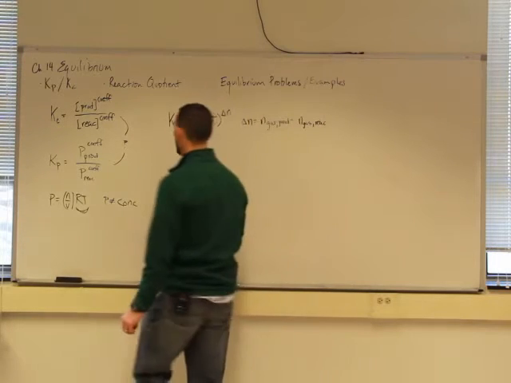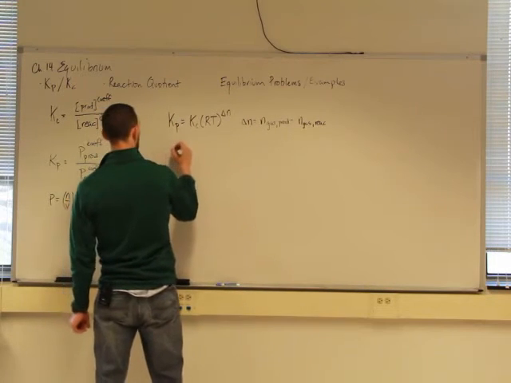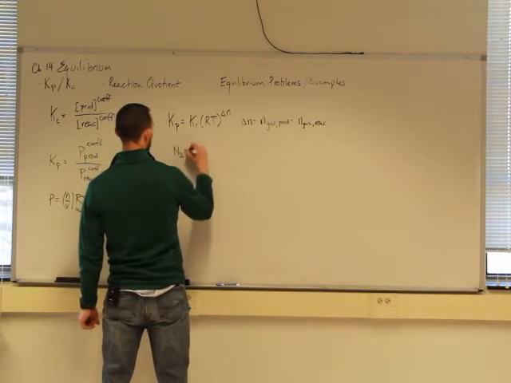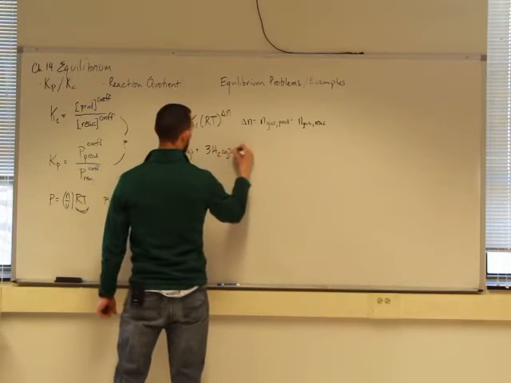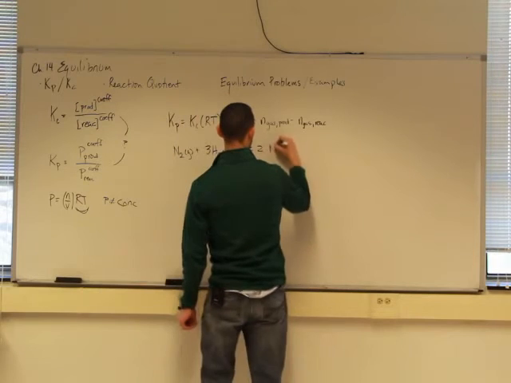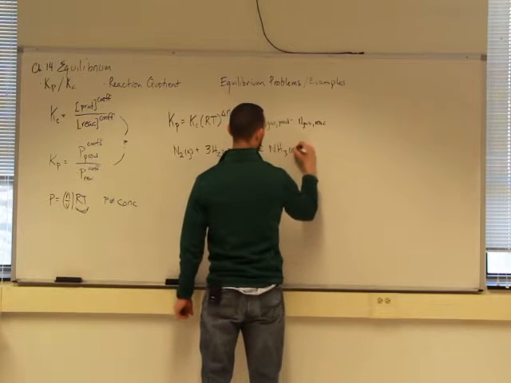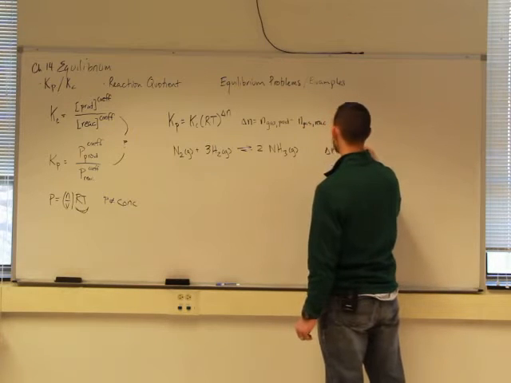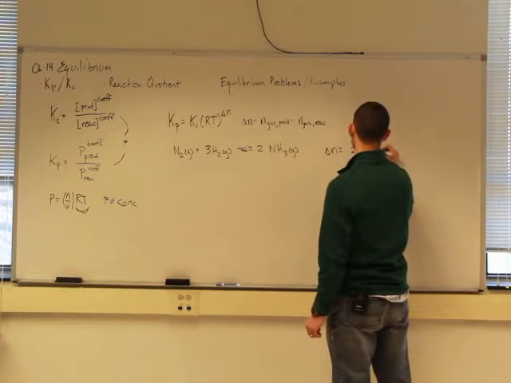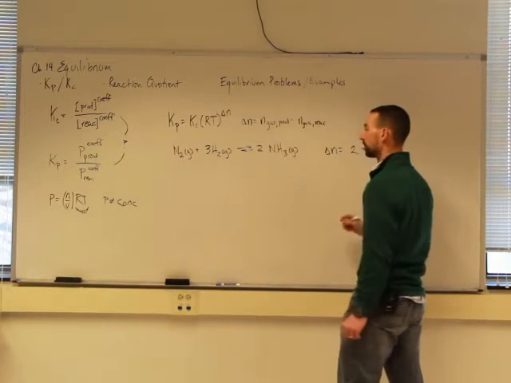So if we had a reaction like ammonia production, N2 plus 3H2 to produce 2 moles of NH3, the delta n for this reaction would be 2 minus 4, or negative 2.